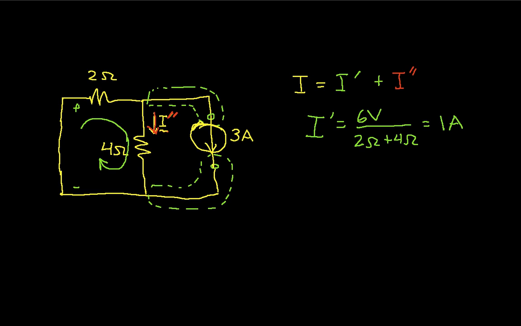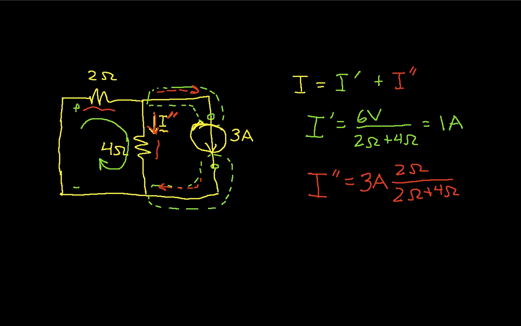I have the current actually flowing this way and back out here. You'll notice now I have 2 resistors, the 2 ohm and the 4 ohm resistor, in parallel, and so I can use a current divider to determine the current that flows through the 4 ohm resistor. The current divider basically says it's going to be the total current, which is 3 amps, times the other resistor, 2 ohms, over the sum of the resistors.